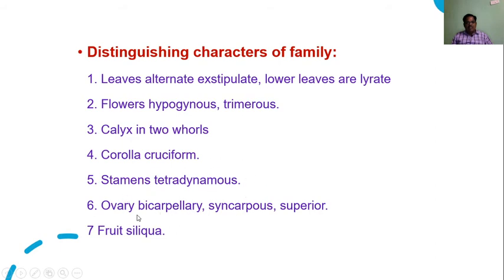The ovary is bicarpellary, with 2 chambers. Syncarpous, the carpels join to one another, and the ovary is superior. And the fruit is of siliqua type. What is the meaning of siliqua?